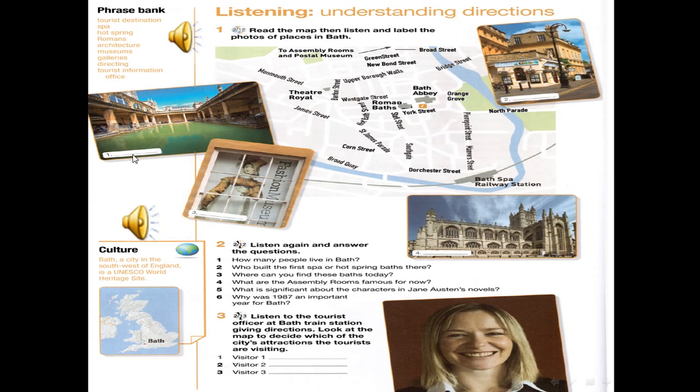It's been popular for a long time. The Romans built a temple and spa baths in AD 70 when they discovered Britain's only hot spring. Even though the Roman baths are now 6 meters below the street level of the modern city, over 1 million tourists come every year to visit them.